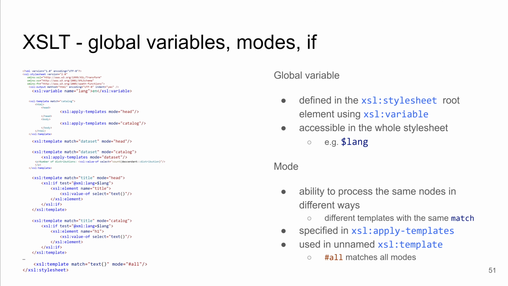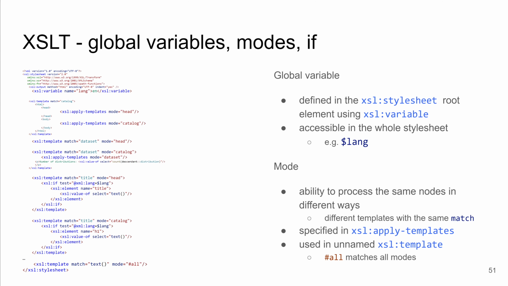So in the head mode, the template is empty because we do not want to output any information about datasets when we are generating the HTML head. But when we are in the dataset node in the catalog mode, we want to, for instance, output the number of distributions.